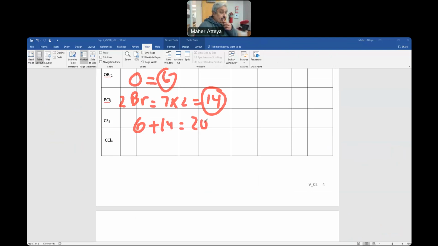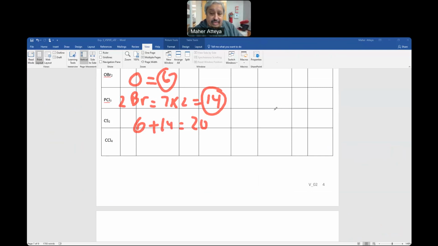Now, your intuition will tell you, because oxygen is 1 and you have 2 bromine, we can't put the bromines near each other. So we have no other choice, like H2O. We will put, as an exception to the rule, the most electronegative in the middle, and let bromine, which is electronegative as well, be far from each other.